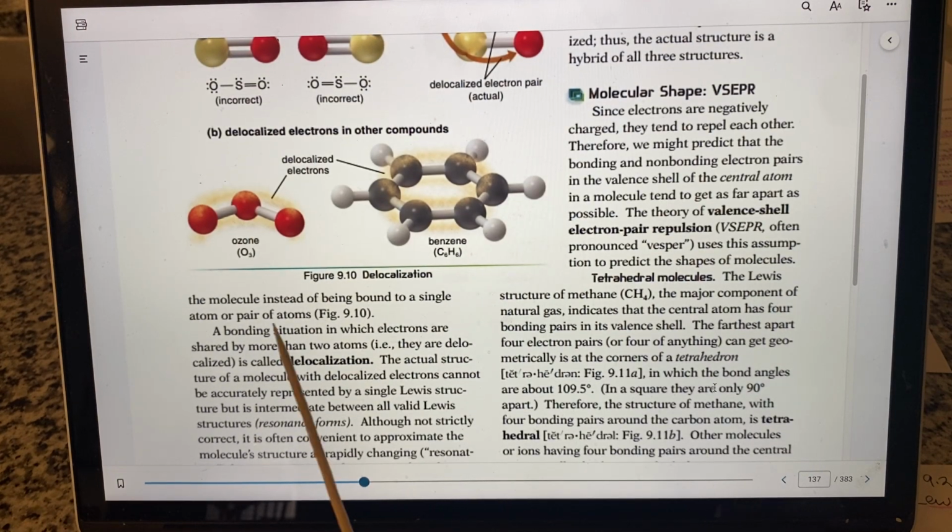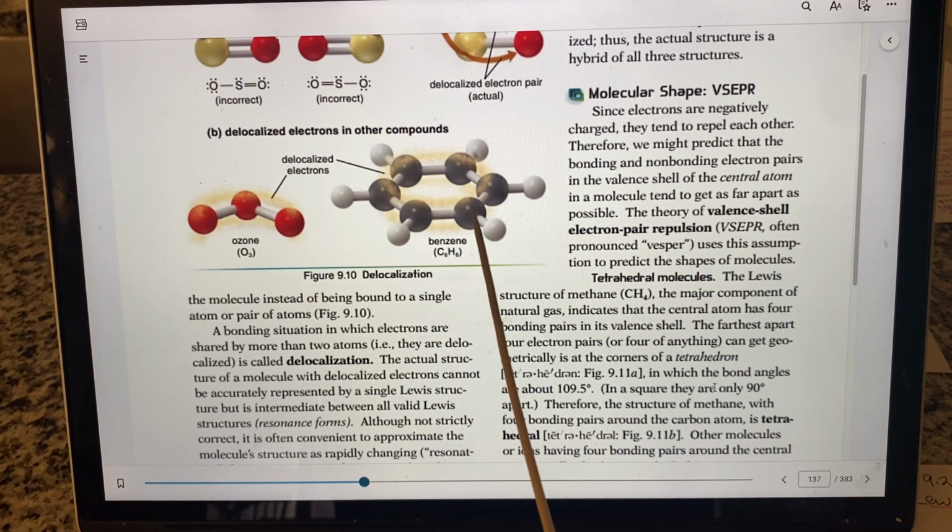Here's another picture, of ozone. Ozone is oxygen 3, or 3 atoms of oxygen, 1, 2, 3. And again, it has delocalized electrons flowing in between them. Here's benzene, another one. You see carbon and hydrogen.